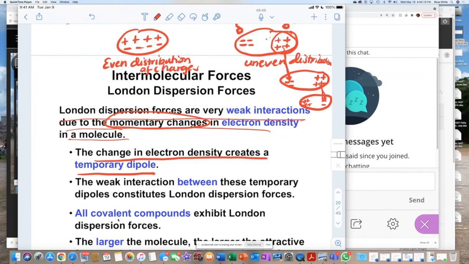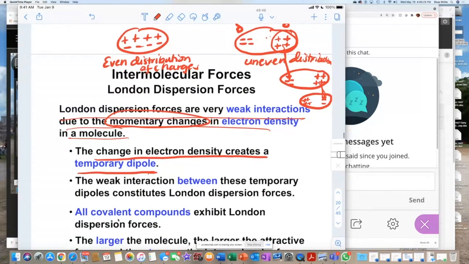So we're told that as the temporary charges attract each other, we're getting a temporary dipole and we're getting these weak interactive forces, weak attractive forces. They're not as strong as the permanent dipole. Okay, and I'll show you what a permanent dipole is versus the temporary dipole.